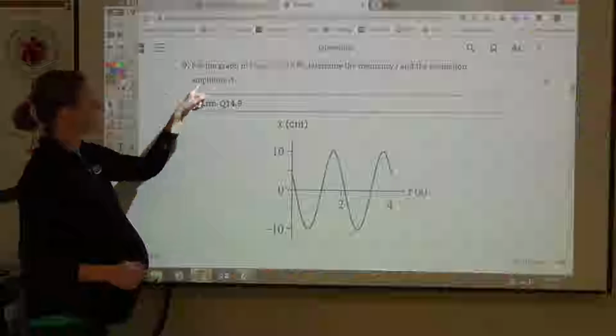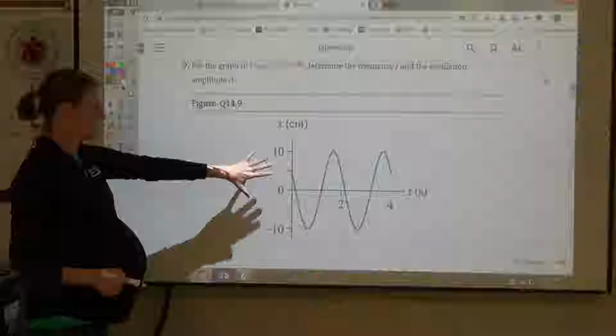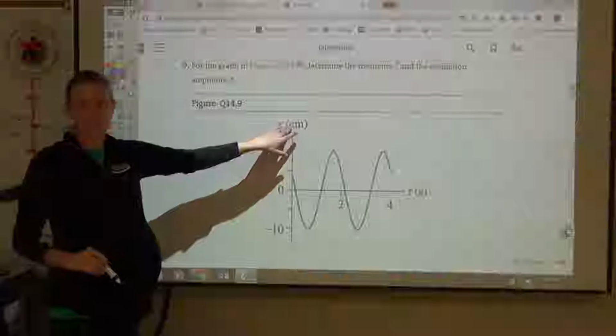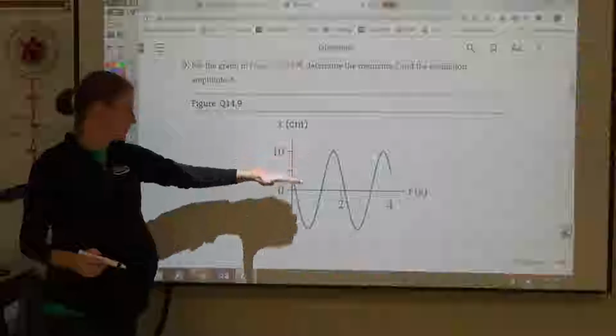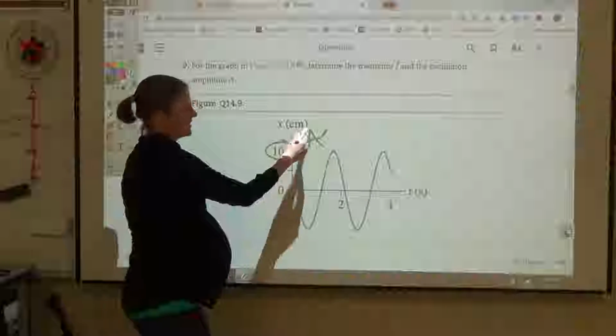It says determine the frequency and the amplitude based off of this graph. Well, it is a position graph, so amplitude is very easy. Amplitude is just the max displacement, so amplitude's got to be 10 centimeters.